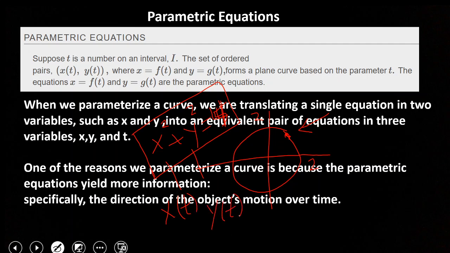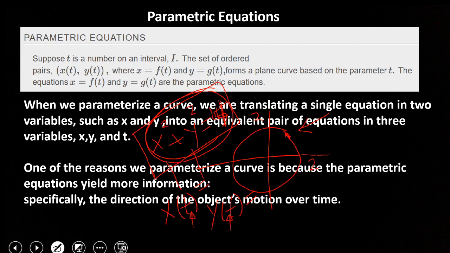So instead of writing one equation that relates x and y, we're going to write 2 equations: one relates x and t, and one relates y and t. 2 equations, but one parameter.